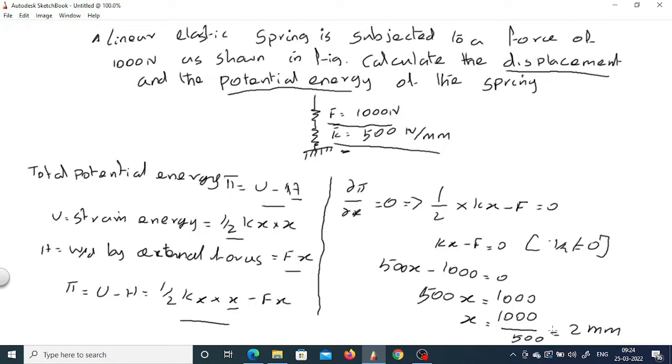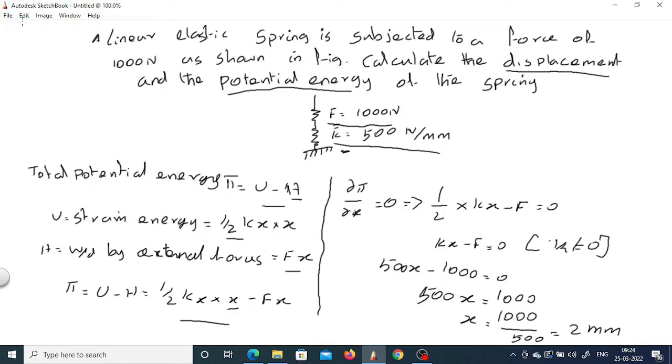This is the stationary position equation from differentiating the total energy function with respect to x. After that, we can substitute this identified x value into the initial phi equation. From this we can get the total potential energy. Okay, let's see how we can solve the problem.